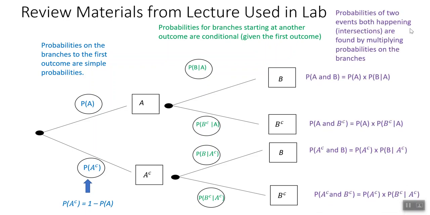The probabilities of two events happening, which are called the intersections, are found by multiplying the probabilities on the branches. The likelihood of event A and event B occurring is the probability of A times the probability of B given A. So you multiply your probabilities on your branches to find the intersections.